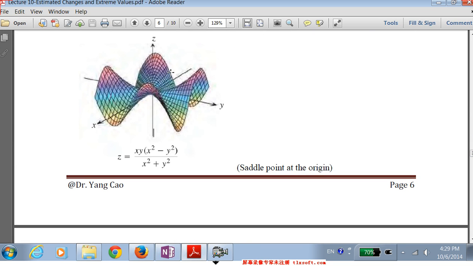So the saddle basically means, for example, this is a saddle. This is a more extreme saddle. So that saddle point in this case is the origin. And when you're walking in one direction, it's increasing. When you're walking in another direction, it's decreasing.